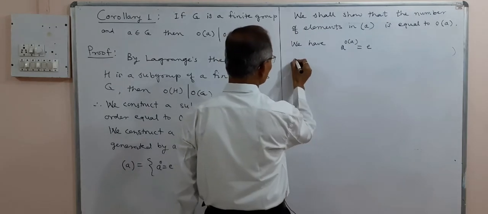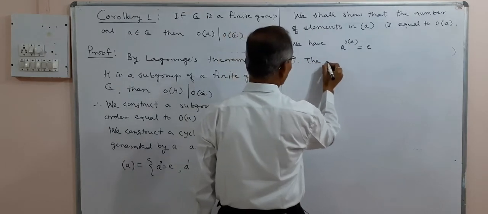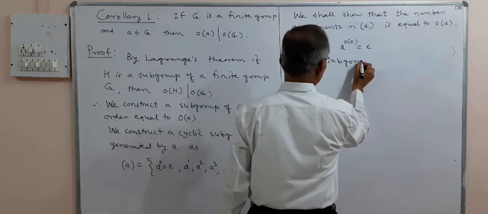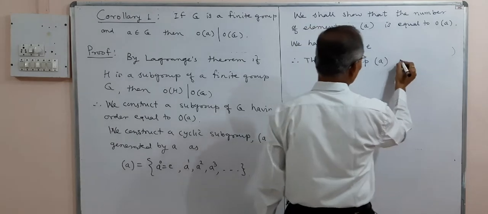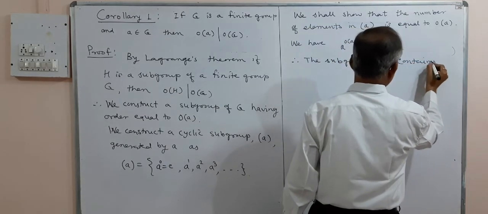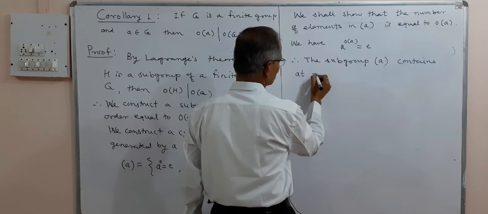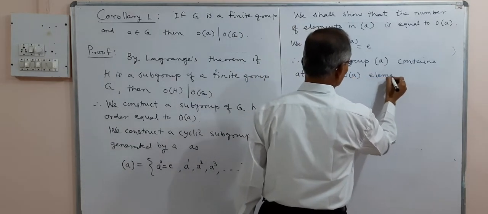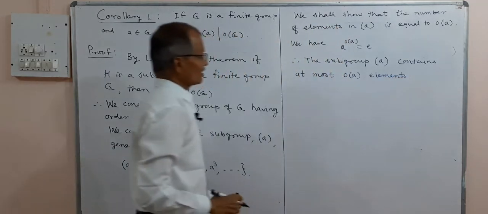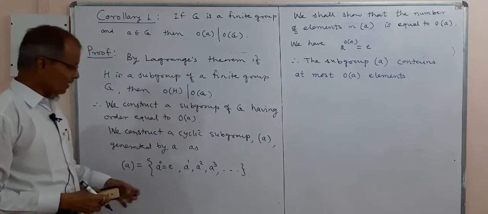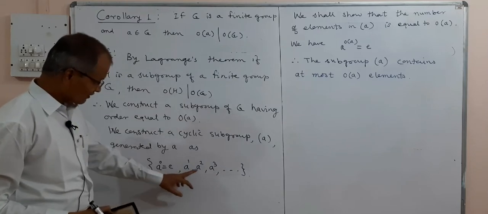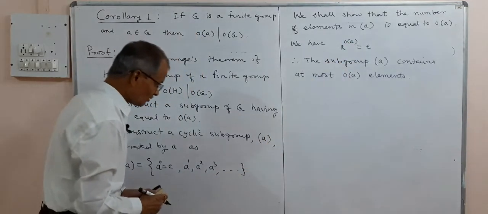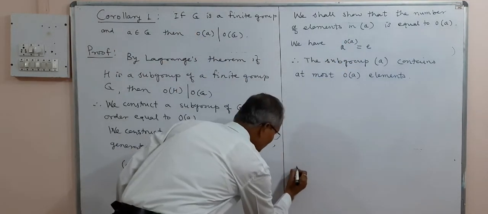Therefore the subgroup contains at most order of a elements. The powers will increase only up to the order of a, and then the elements repeat. For example, suppose a raised to 10 is equal to e.